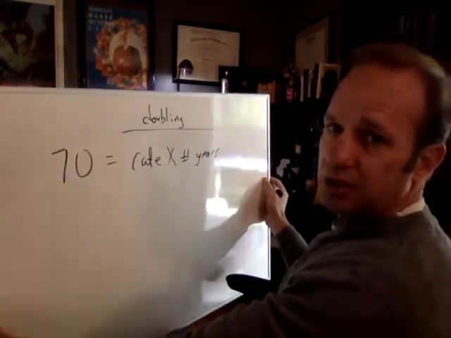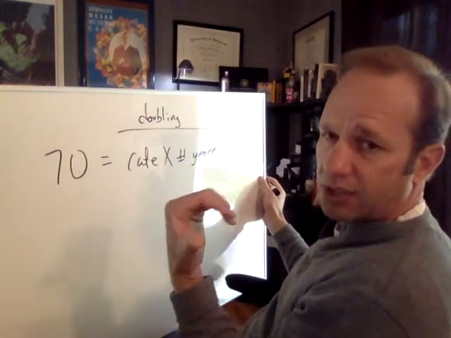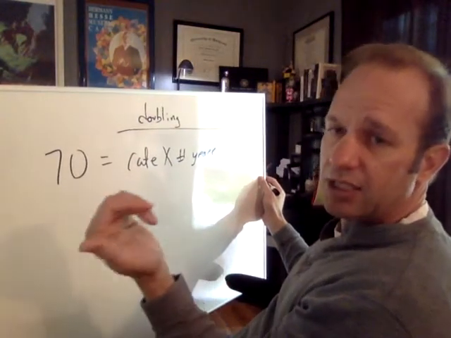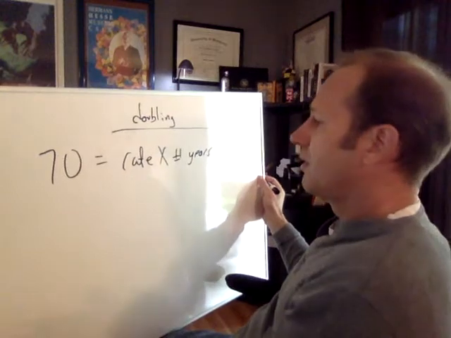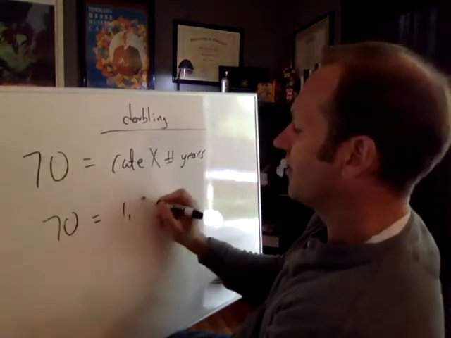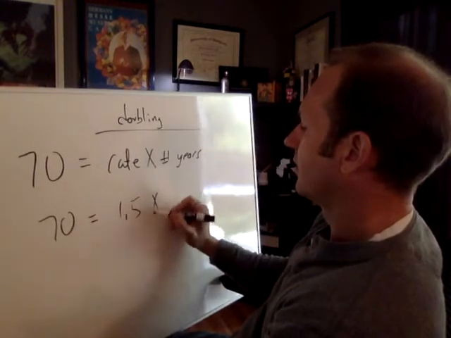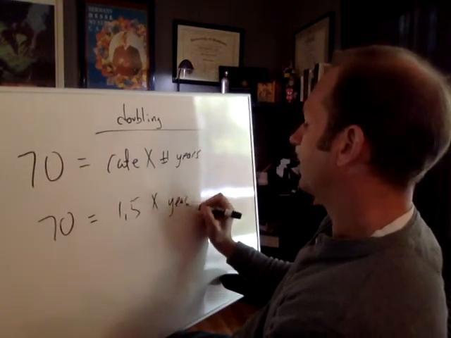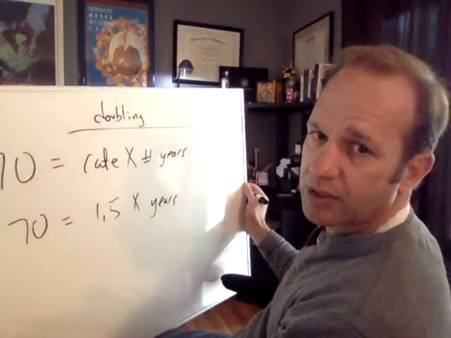Well, if we know according to the start date the author chose and the end date of when the book was written, the growth rate then was 1.5. So we're wondering about the years. How long will it take to double?